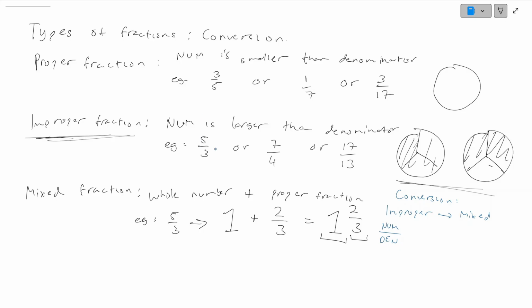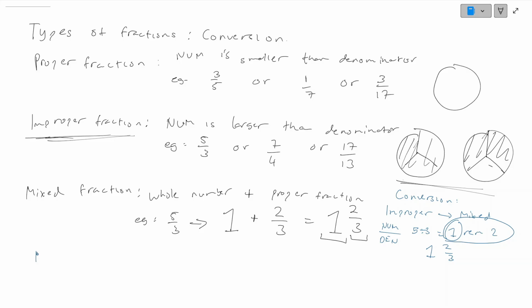So, for example, when you divide 5 by 3, you're going to get 1 remainder 2. And the way you represent this in your mixed terms is you will take that 1, which is the whole part, and then that remainder, which is 2, you will put it over the denominator, meaning 2/3. That's how you convert from an improper to a mixed fraction.